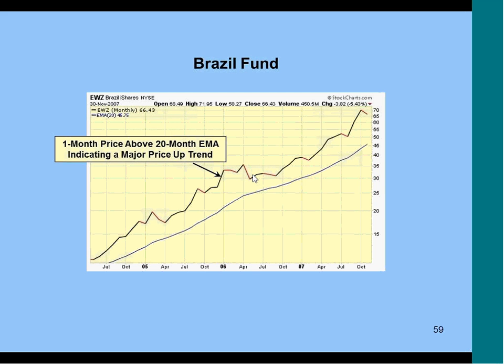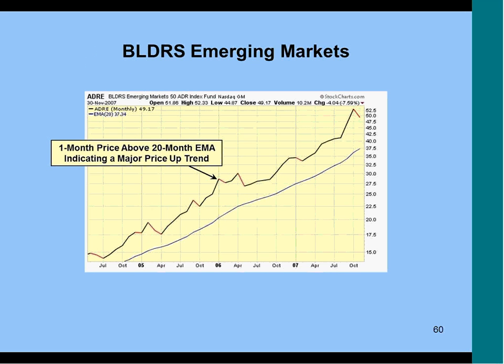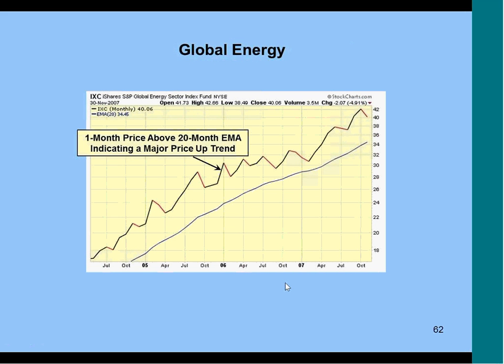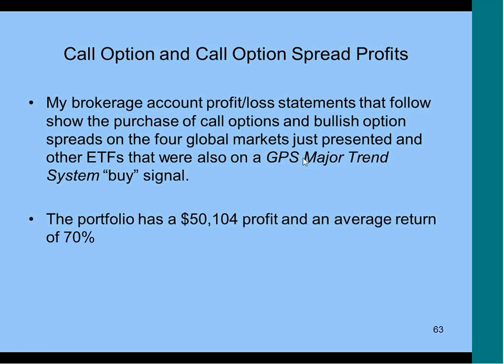Here's another example. This is the Europe, Australia, and Far East Fund. This was on a buy signal. The Builders Emerging Markets ETF was on a buy signal. And the last one is the Global Energy. I'm going to show you my brokerage account statements that show positions in these 4 markets.